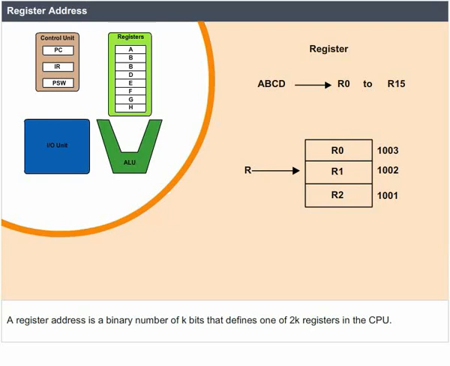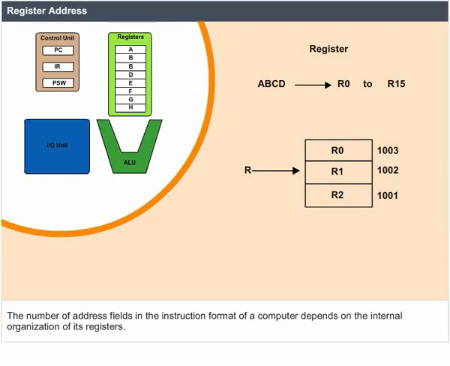A register address is a binary number of k bits that defines one of 2^k registers in the CPU. Thus, a CPU with 16 processor registers R0 through R15 will have a register address field of 4 bits. The binary number 0101, for example, will designate register R5.